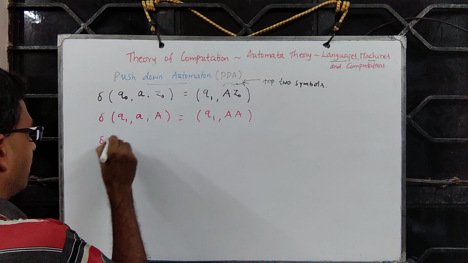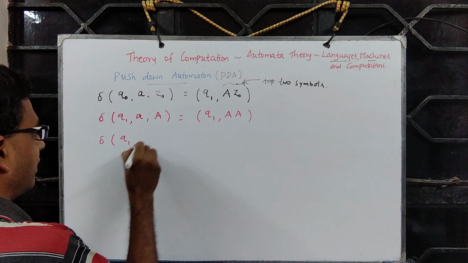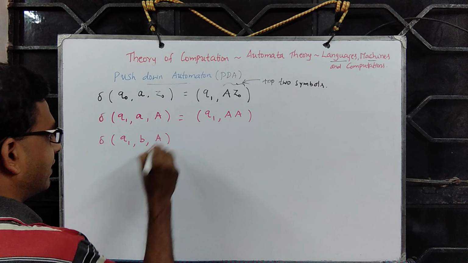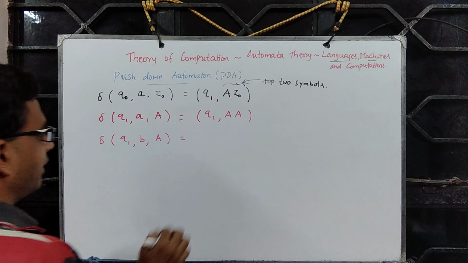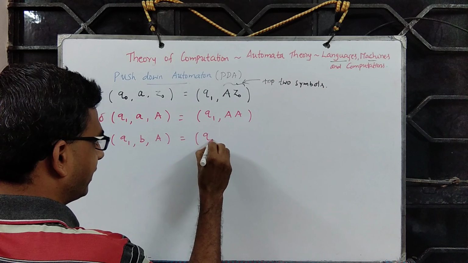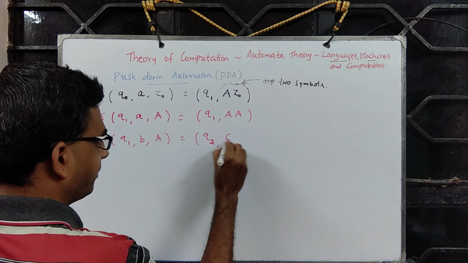Now I am in Q1, I read a B, top of the stack is A, which means I need to perform pop. Let me go to a state Q2 and I perform pop.